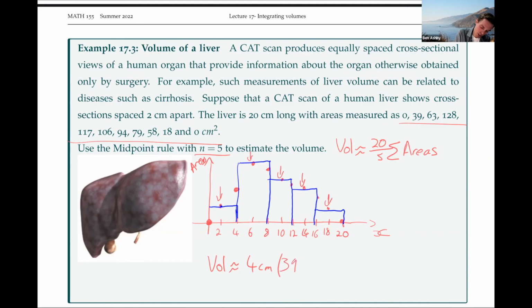So we're going to have 39 plus 128 plus 106 plus 79 plus 18. And these are all areas, remember, so these are going to be centimeters squared. That's going to give us 1480 centimeters cubed. So this gives us the volume in centimeters cubed of our liver, approximated using the midpoint rule. Of course, if we took more measurements, then we would be able to approximate the volume of this liver better.